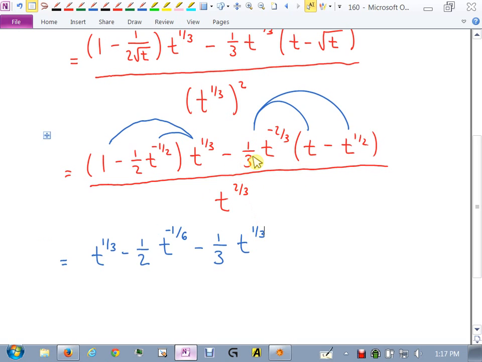And then I do negative 1/3 times negative, that's going to give me positive 1/3 t to the, so you have to do negative 2/3 plus a half. What is it? Negative 1/6. Okay.